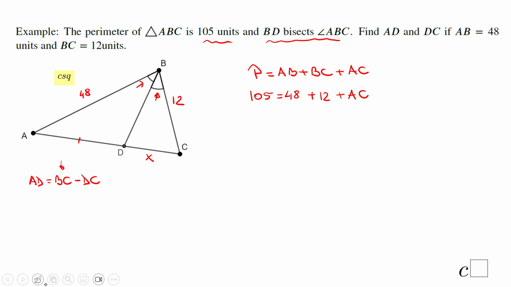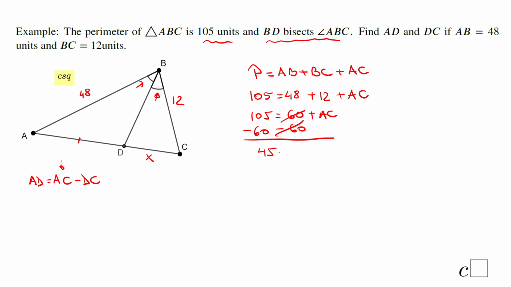Okay, so we have 105 equals 60 plus AC, subtract 60, and we end up here with 45.